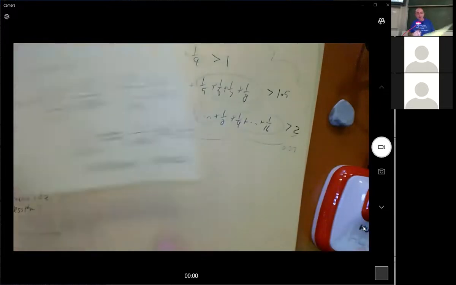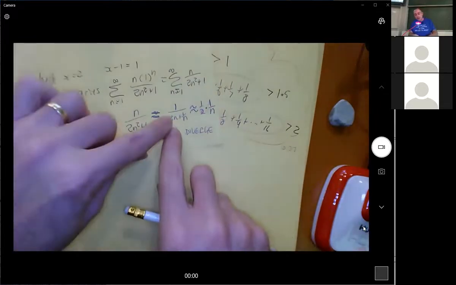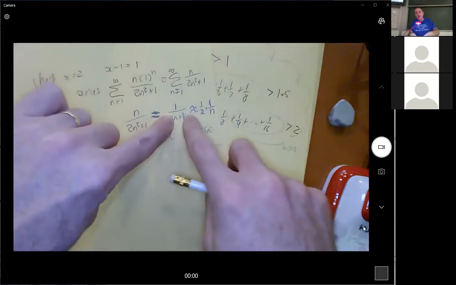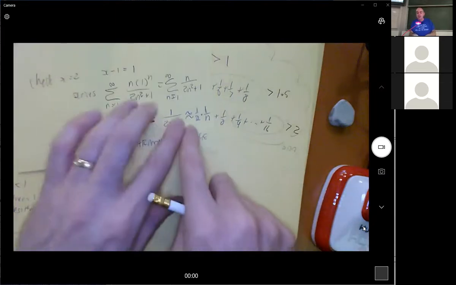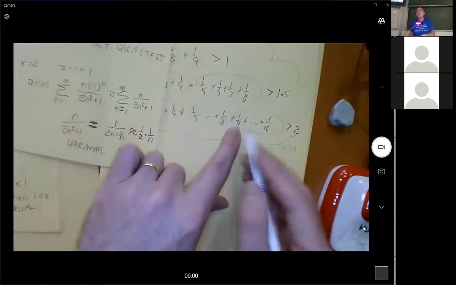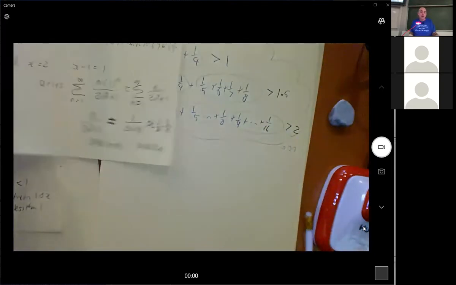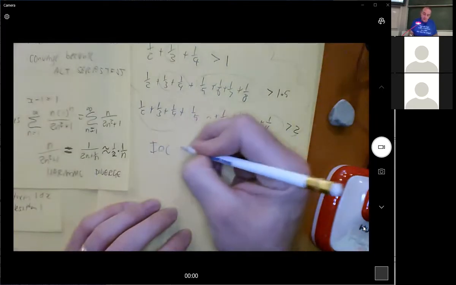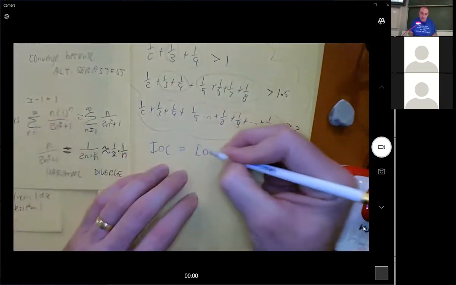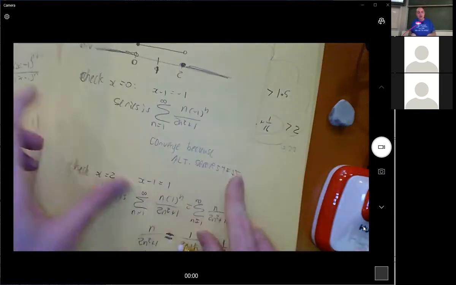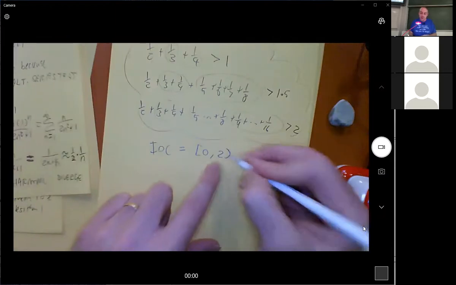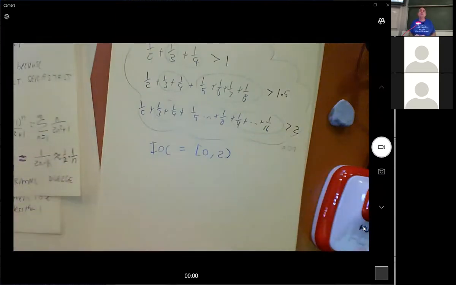So let me just say, since this is approximately like 1 on n plus a little tiny bit on the denominator, that little tiny bit on the denominator is not going to make much difference to this argument. So that's why. So therefore, the interval of convergence is from 0, including 0, because it converged at that end, and up to 2, but not including 2, because it diverged at that end.